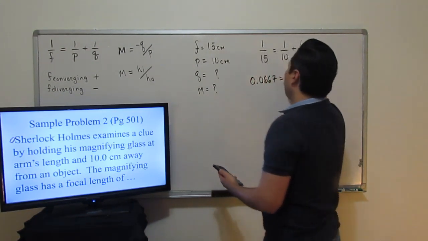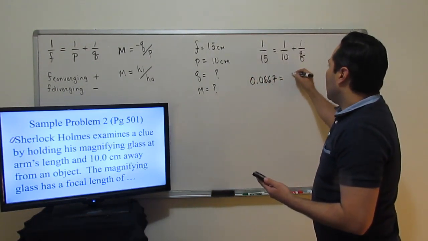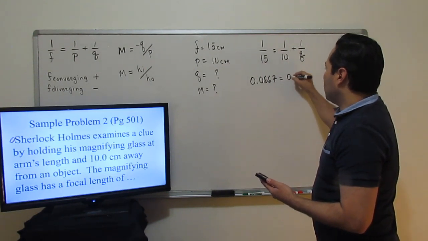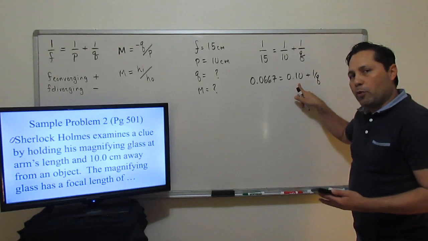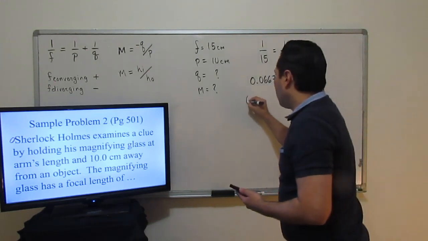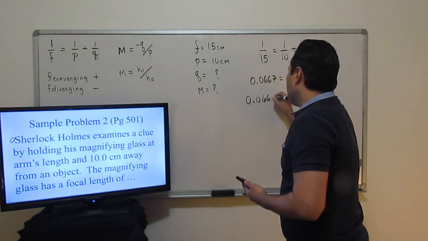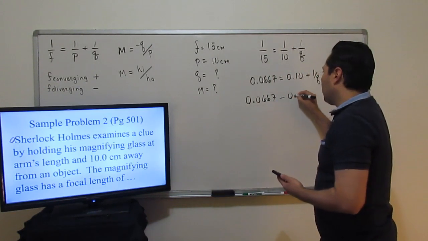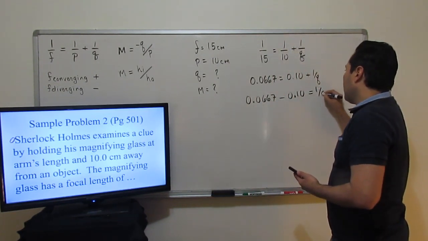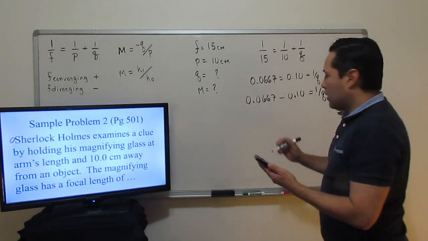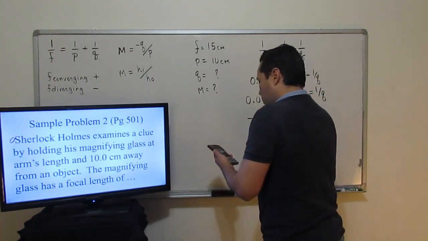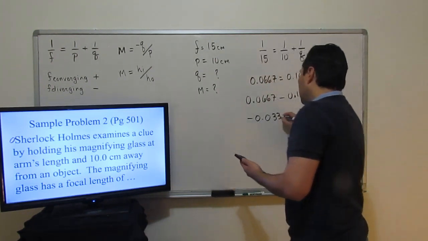We'll round that off to 0.0667. 1 over 10 gives us 0.10 plus 1 over Q. Now move the 0.1 over to this side, so it becomes negative 0.1. Subtracting 0.1 gives me a negative value of negative 0.0333.